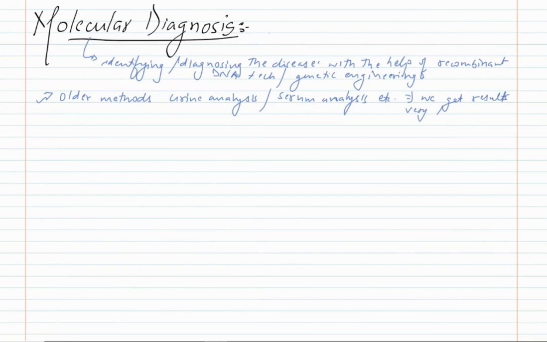By the time we are able to detect the presence of microorganisms using these older methods, early detection is not possible because the population of bacteria or virus has reached a very high amount, which is why it is detectable in the serum or the urine or feces or whatever we are using. So using recombinant DNA technology, we can help in the early diagnosis of a disease.